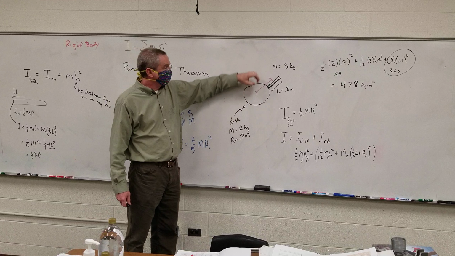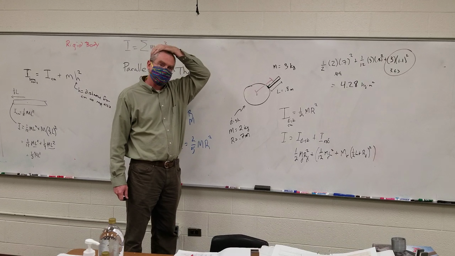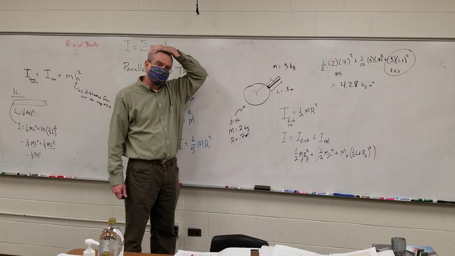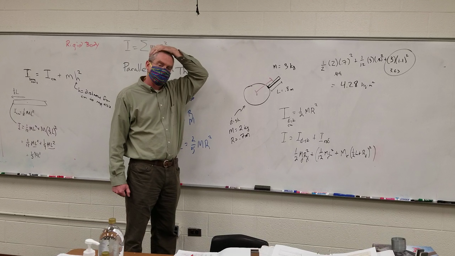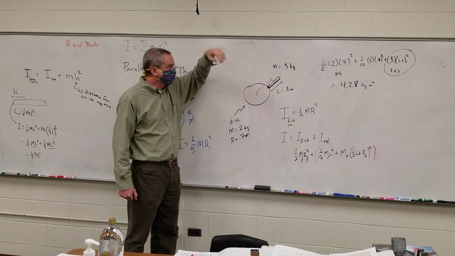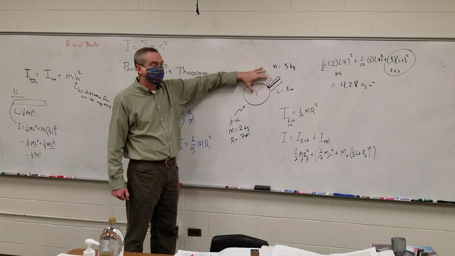Okay, so when you move the center axis, then you have to add the plus mh squared. Right, and that's what you did. Yes. So h is half the length of the rod plus the radius of the disc.